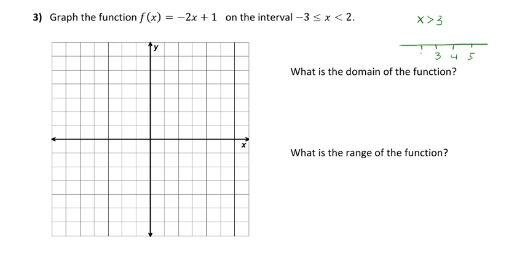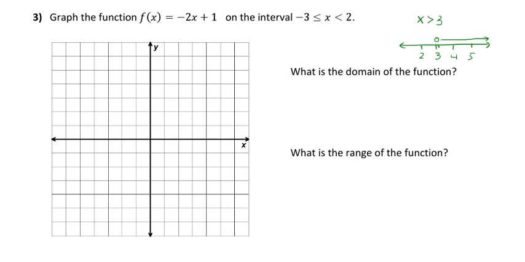So this means that the solutions for this inequality are all the numbers greater than 3, but it's not equal to 3. So it's only what's greater than 3. And to show that, we leave an open circle at 3 because it does not include the 3, but anything that is bigger than 3, such as 3.1, would be a solution.